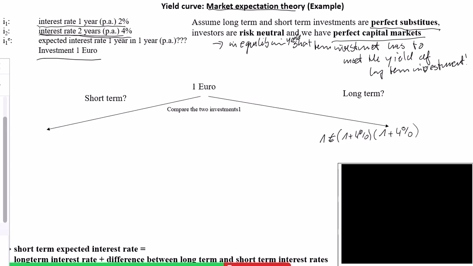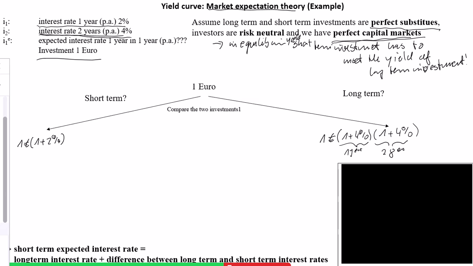So first year, second year. What is the outcome when I'm investing short term? I take my €1 times 1 plus 2%. And now, in order to have the same maturity, I can say also, assuming perfect capital markets, that in 1 year I have also the possibility to invest my money an additional year.